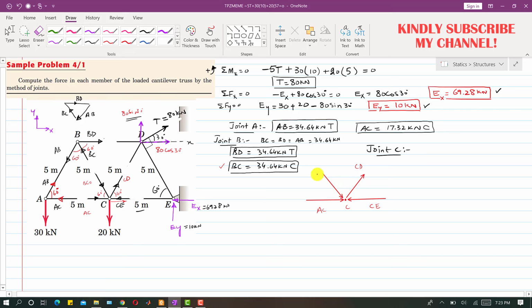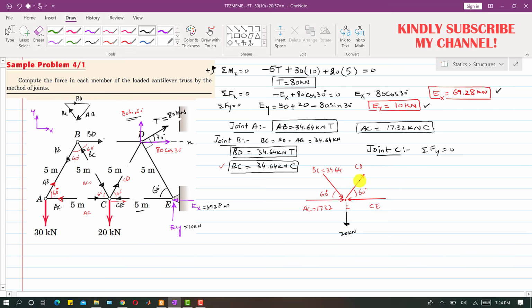This force is BC, with magnitude 34.64, and the magnitude of AC is known, which is 17.32 kilonewton. All of these are in kilonewtons, and this angle is 60 degrees and this angle is 60 degrees. Now if I apply the summation of forces along y equals 0, remember that we have this 20 kilonewton force as well at this point C, so we have to draw that as well. This is the 20 kilonewton force.